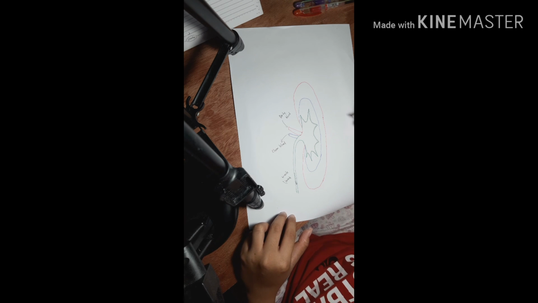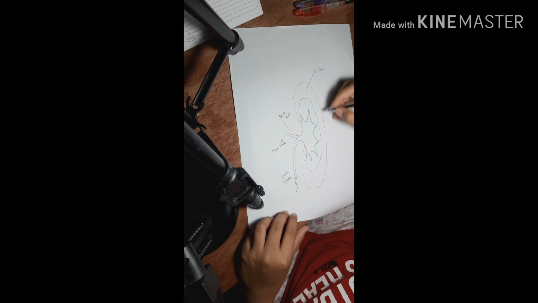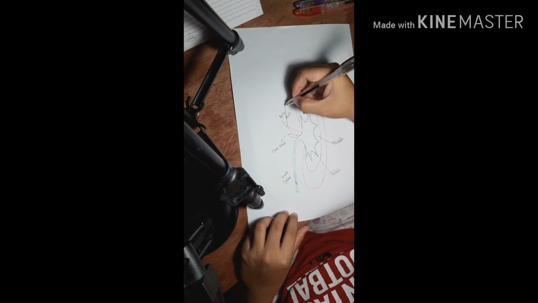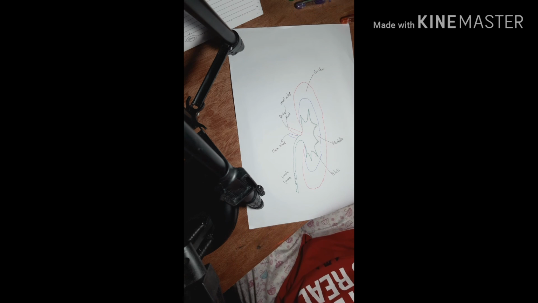If we look at the cross section of the kidney, the outermost part is known as the cortex, then the medulla, next is the pelvis, and the artery that supplies it is known as the renal artery. Renal is an adjective which describes things to do with the kidney.